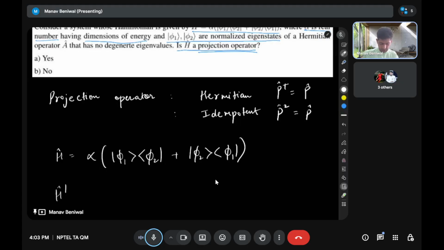If we take H dagger, what do we get? We get alpha star, and then the first term will give us |phi 2><phi 1|, plus |phi 1><phi 2|.